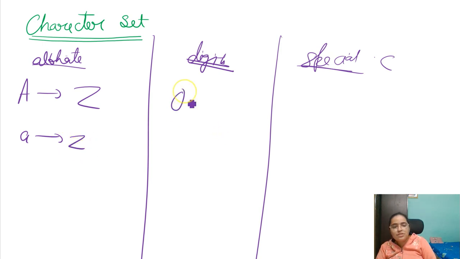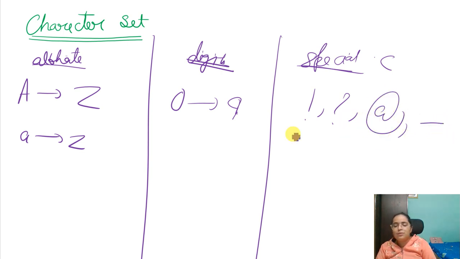My digits include 0 to 9. From these many digits are formed, 99 and all that. From the alphabets many words are formed, and special characters include exclamation mark, question mark, at the rate, underscore, and many other marks. So these are the character sets that actually form a wide variety of scripts.